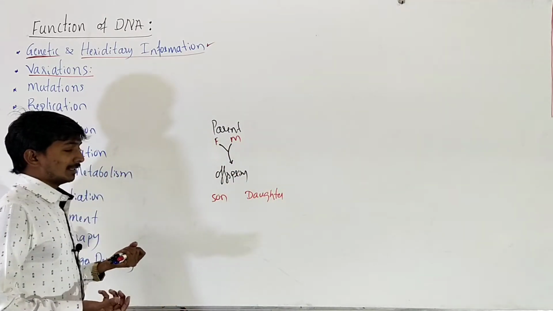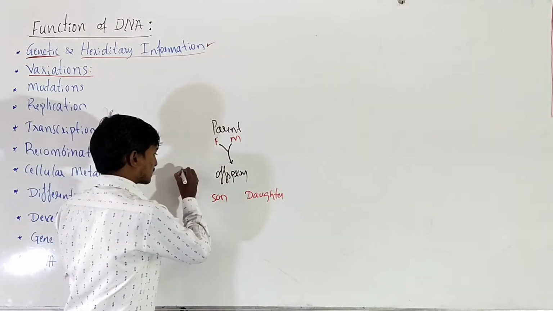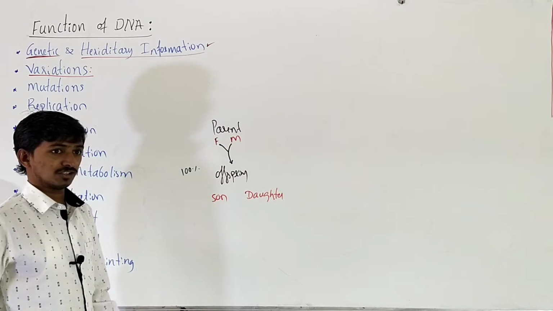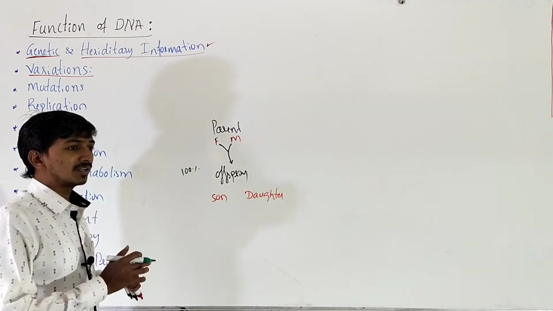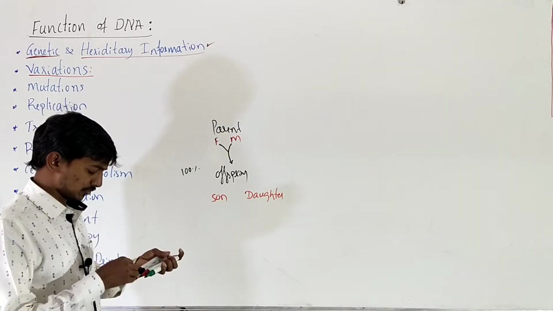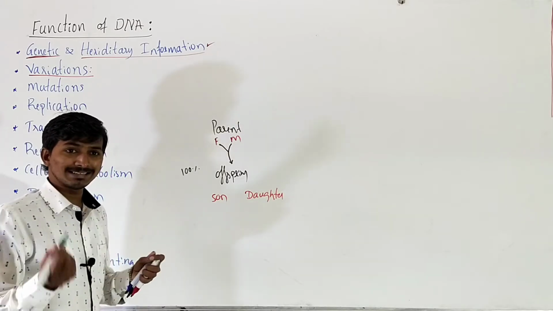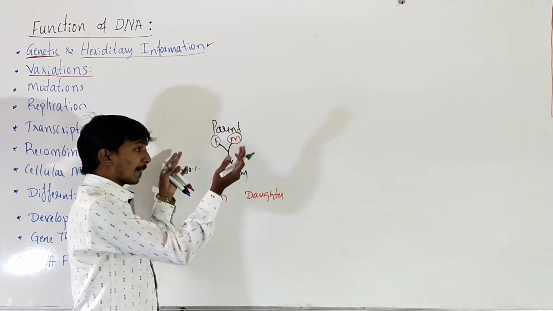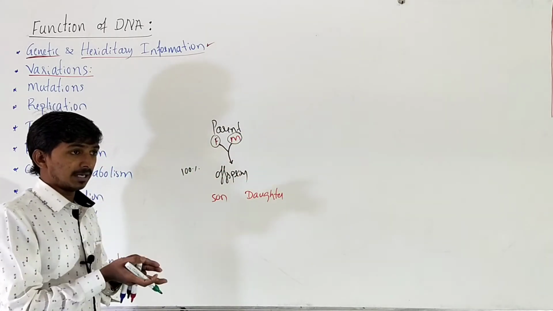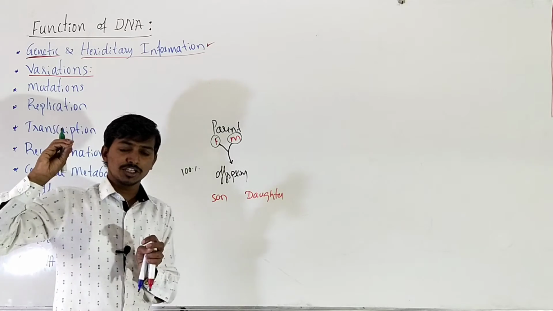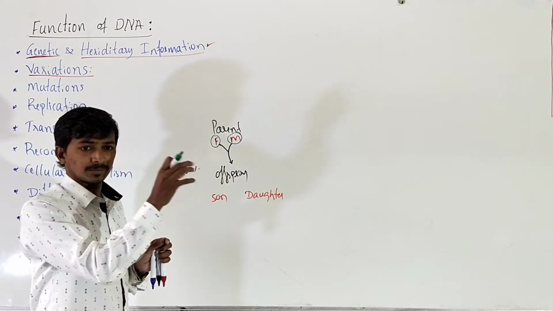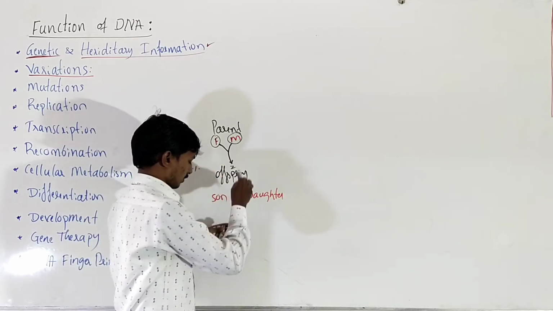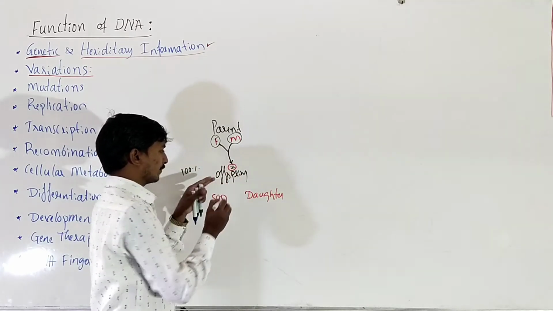But there will not be 100% similarity between parents and offsprings, because during fertilization, after copulation, the chromosomes, genes, or DNA from the father and mother combine, 50% of the genes from the father and 50% from the mother, to form a zygote that later forms the offspring.